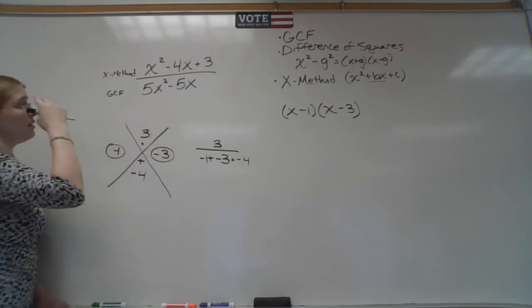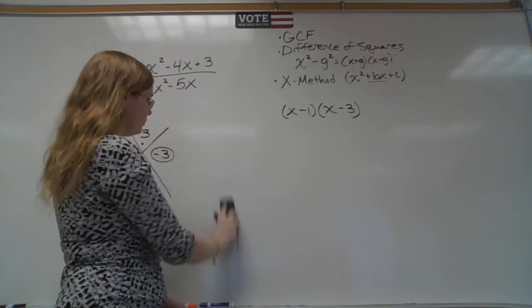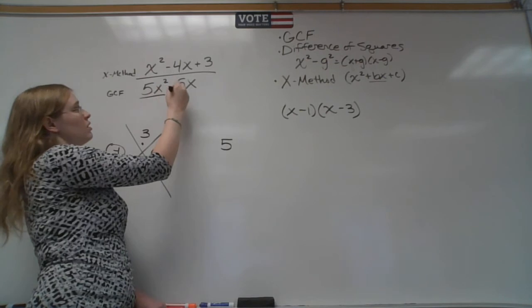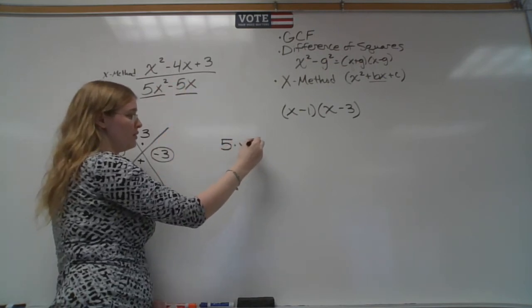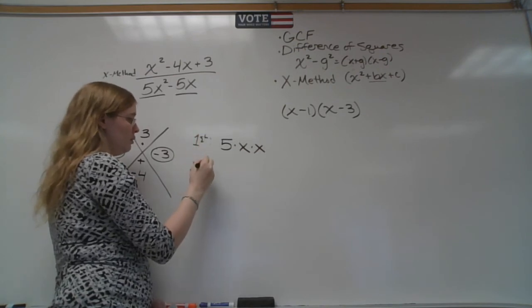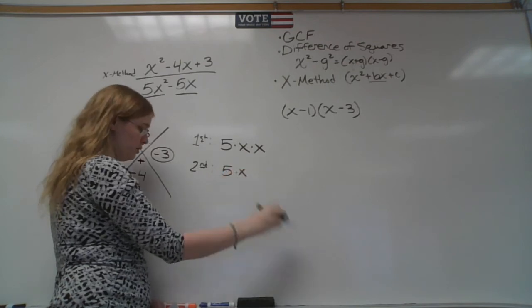Okay, GCF, 5x squared minus 5x. So we got two terms here, 5x squared, which is 5 times x, and 5x, which is 5 times x.